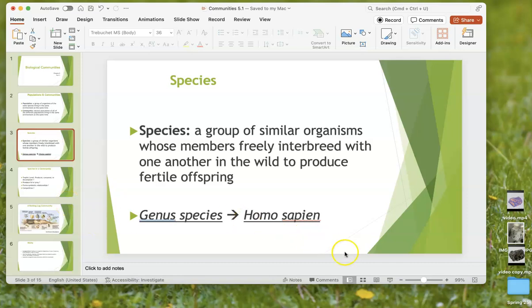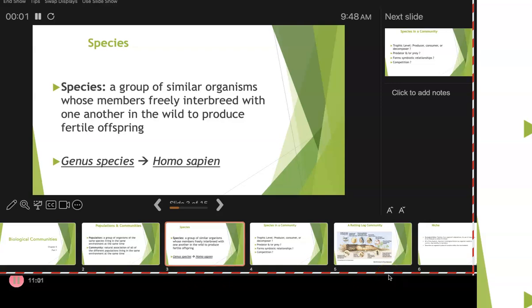So I don't have other examples here, but Canis familiaris, Canis lupus. All right. Canis familiaris is domesticated dog. Canis lupus is wolf.